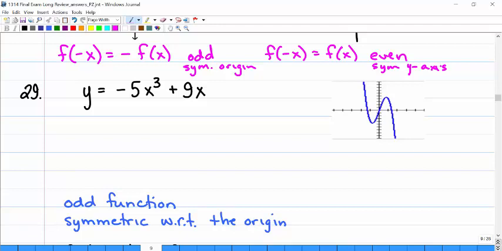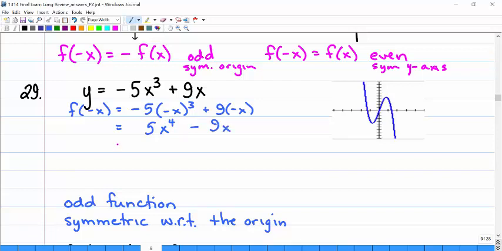Okay, so here's my function, y equals -5x cubed plus 9x. If I go look at f of -x, I get -5 times -x quantity cubed plus 9 times -x. Four negatives would make it a positive, 5x to the 4th minus 9x.